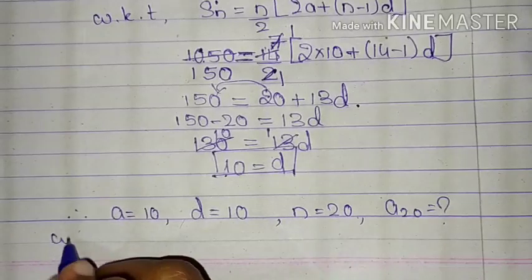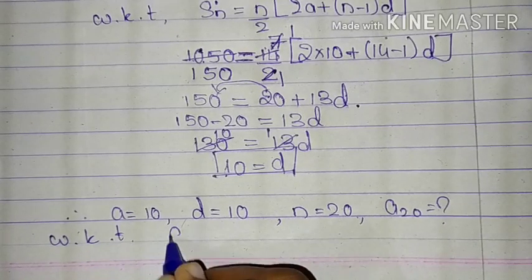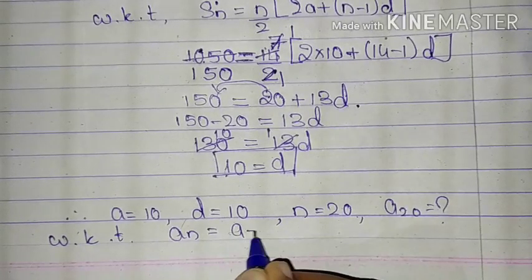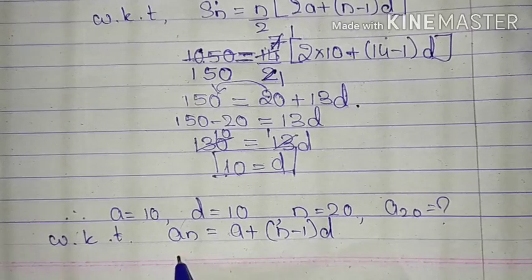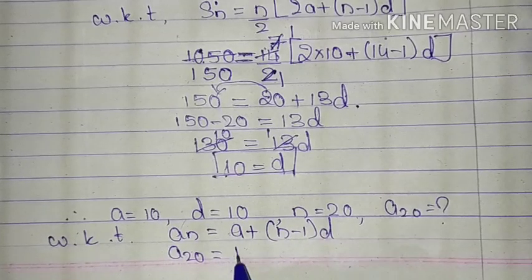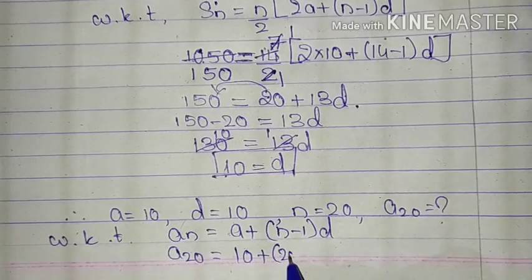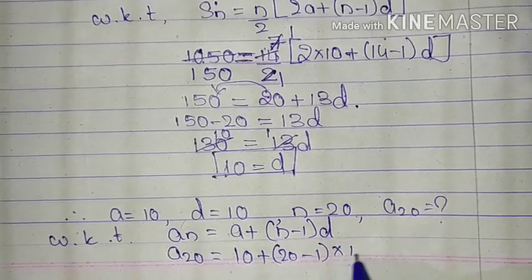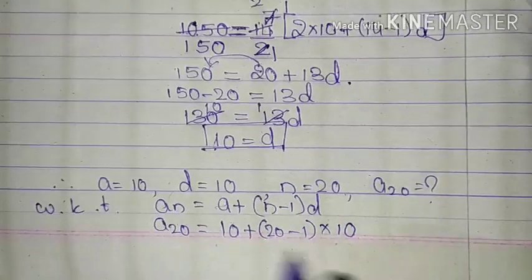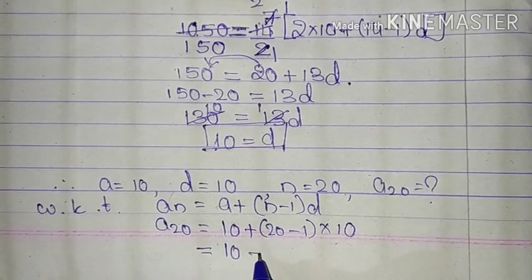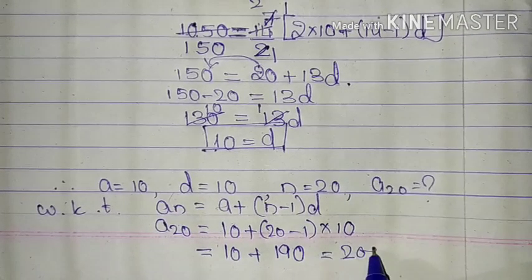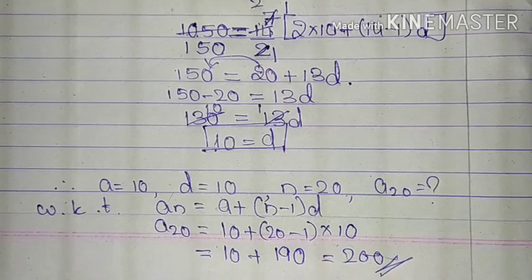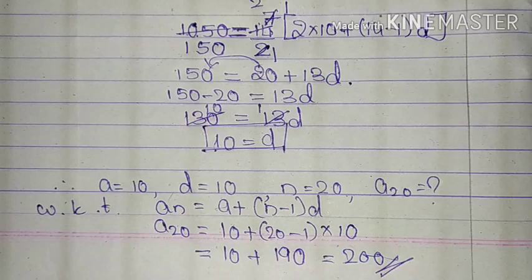We know that an is equal to a plus n minus 1 into d. a20 is equal to 10 plus 20 minus 1 into 10, which is nothing but 10 plus 190, which is 200. So the value of the 20th term for this AP is 200.